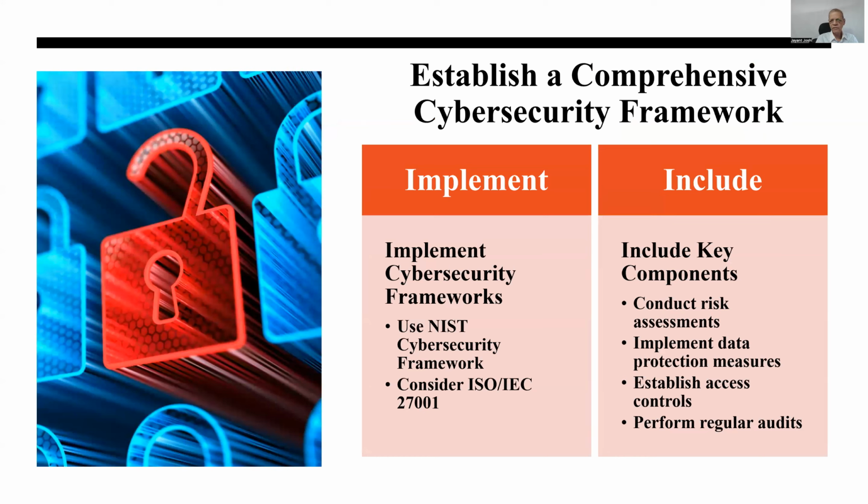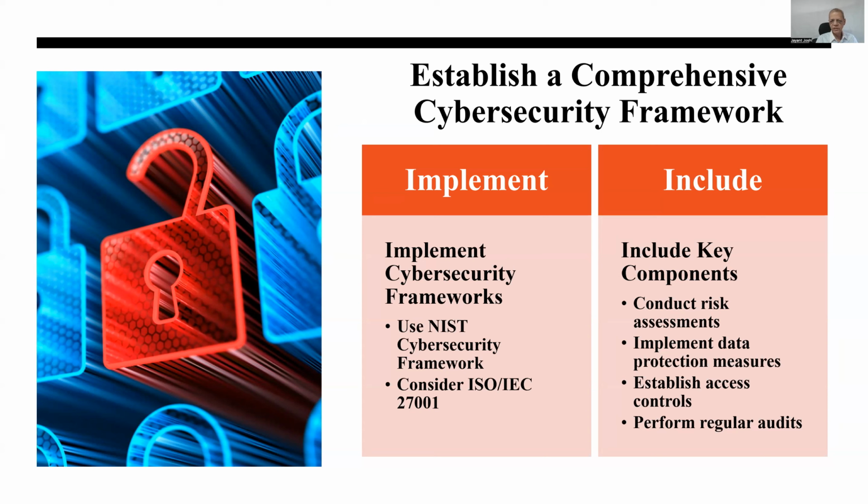Now, how will we develop and establish a comprehensive security framework? There are two things. One is that we have to design and implement it, and second, what are the things which we have to include. For implementing the cybersecurity framework, there are guidelines as far as the NIST cybersecurity framework is concerned, or you have to have ISO or IEC 27001 requirements.